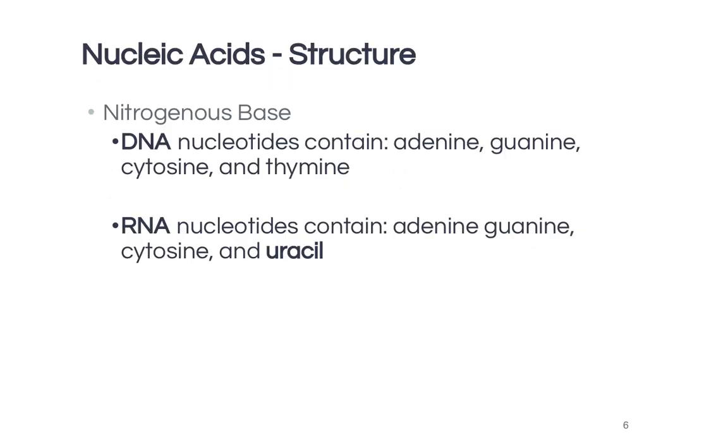Beyond that sugar, you'll see that DNA and RNA have some different bases. They all have adenine, guanine, cytosine, but you'll see here that the last one, the 4th one, DNA has thymine and RNA has uracil. And when you're looking at those, I'm happy for you just to remember it's an A, a G, a C, and a T, or an A, a G, a C, and a U. But those bases are a bit different, and thymine is actually more stable.